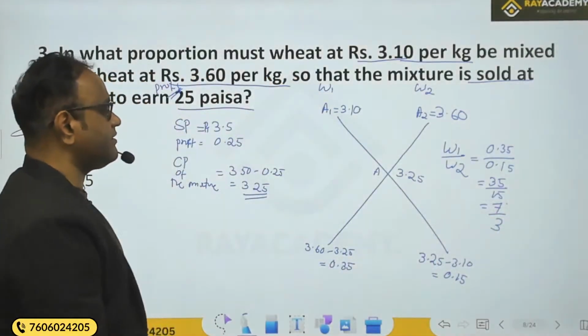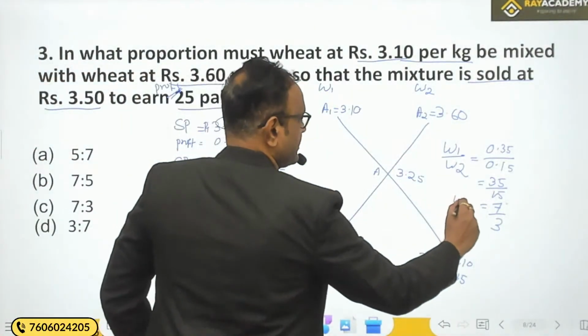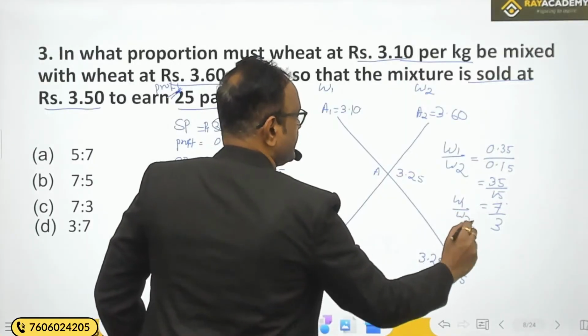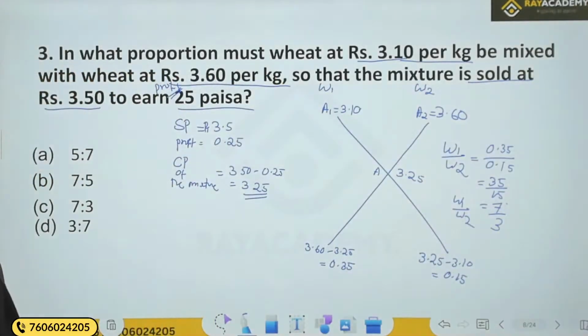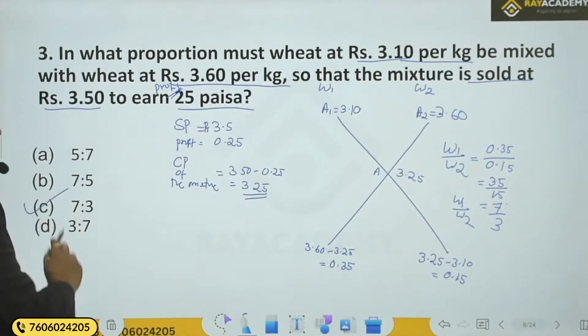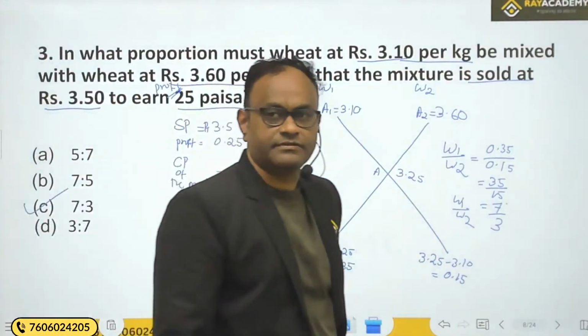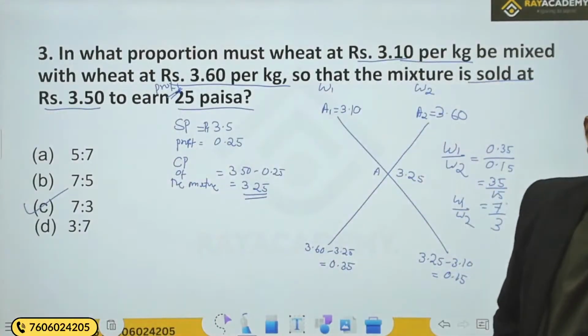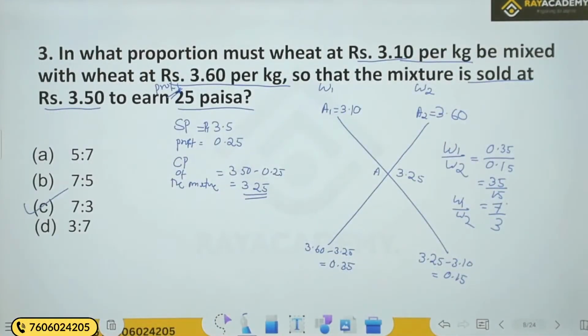So the ratio of both the varieties of wheat is 7:3. So this is the right answer. Option C gives you the correct one. Okay, so this is question number 3.